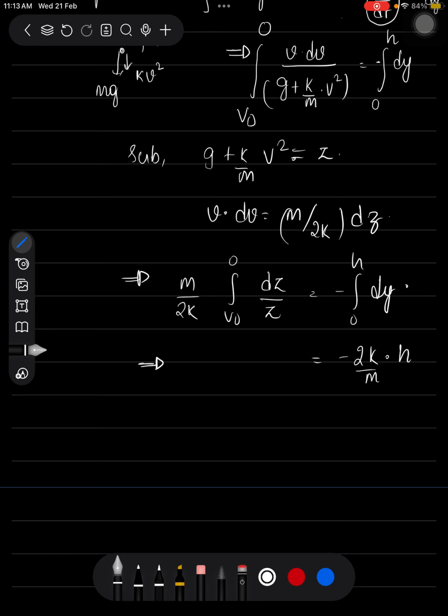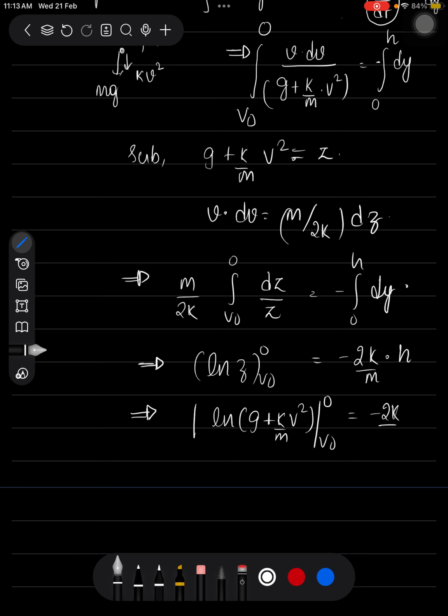This will be a simple logarithmic integration. So ln z, when we integrate it from v0 to 0, on reverse substituting, we get ln(g + (k/m)v²) with limits from v0 to 0 equal to -(2k/m)h.